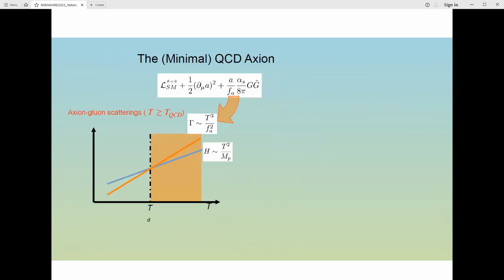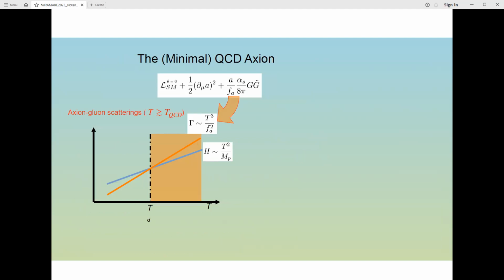Okay, so for the thermal population, we can study what happens at very high temperature. At very high temperature, the axion scatters with gluons because it is coupled with two gluons. And just by dimensional analysis, the rate is going to be temperature cubed over the constant squared, FA squared.